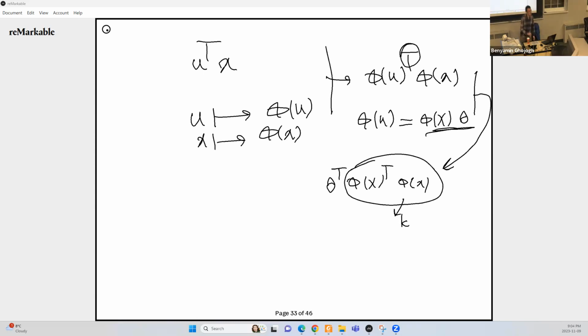Phi u was phi x theta according to representation theory. But I have phi u transpose phi x. So phi u transpose becomes theta transpose phi x transpose. I also had phi x from here. Interesting. Phi x transpose phi x appeared, which is the kernel. Did you see the beauty? This is the second type of kernelization in machine learning. It's very interesting, very beautiful.